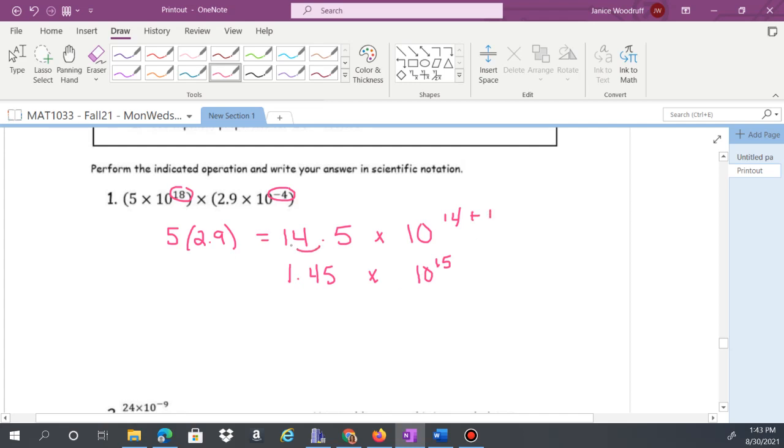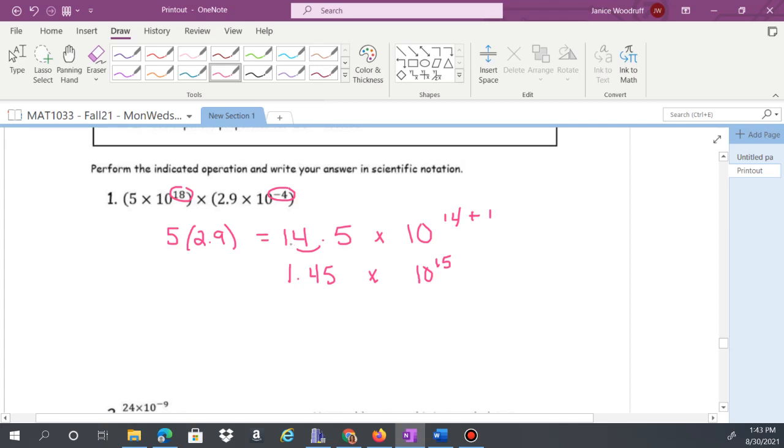If you go that way, add one more. It's 18 plus -4, which means it's 18 minus 4. Because that's a -4 right there. So here our problem is 1.45 times 10 to the 15.